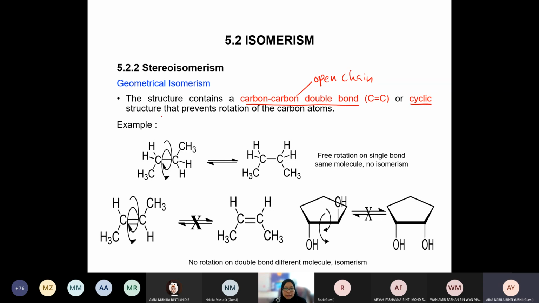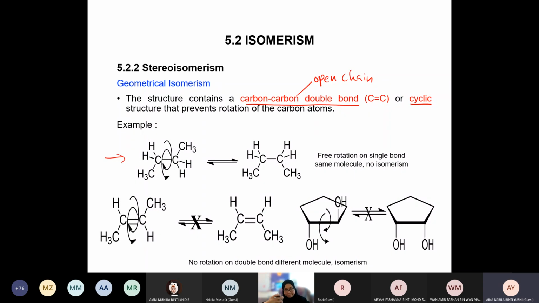This is because the presence of this double bond or cyclic structure prevents rotation of the carbon atoms. Look at the example. We know that in this molecule the atoms and the bond itself will rotate.